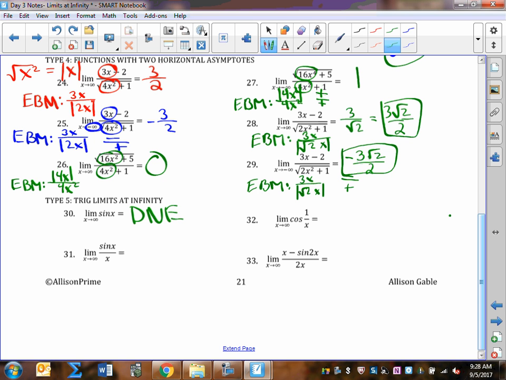Alright, now 31, we know the limit if x was approaching 0. But here it says x approaches infinity. So we've got to use our noggin for this. Again, let's think of our numerator. What is the largest that our numerator could ever be? 1. And the smallest it could ever be is -1. So it's limited between those two values.